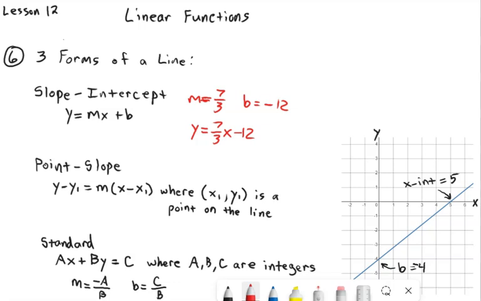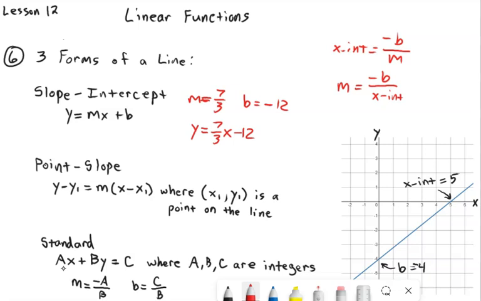Over here, we can identify the slope. If you remember that the x-intercept is equal to negative b over m, we can manipulate this and find the slope by doing the negative b, which is the opposite of the y-intercept, over the x-intercept.